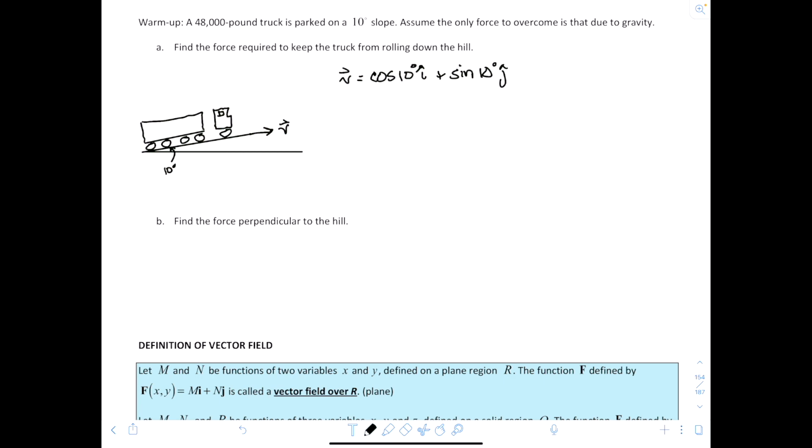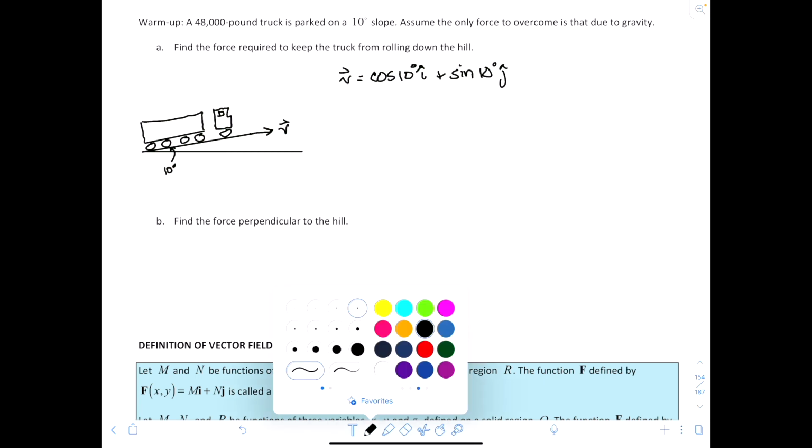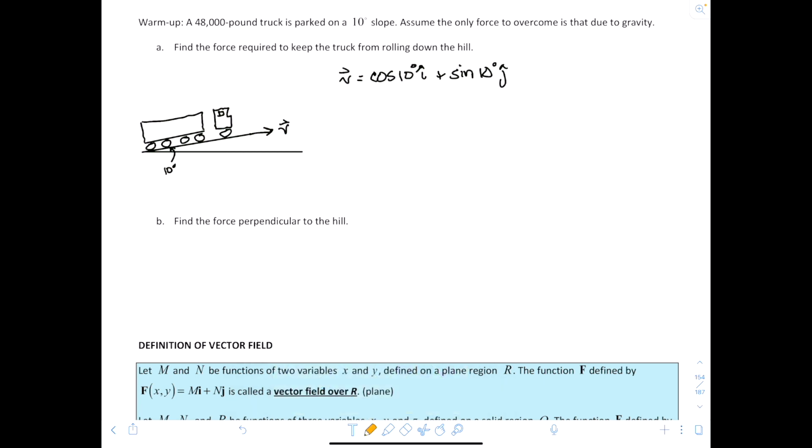We're also going to have to figure out the gravitational force, right? That's hitting down, so gravity pushes down, so that's going to be negative 48,000 j because it's going up and down, and that's due to gravitational force.